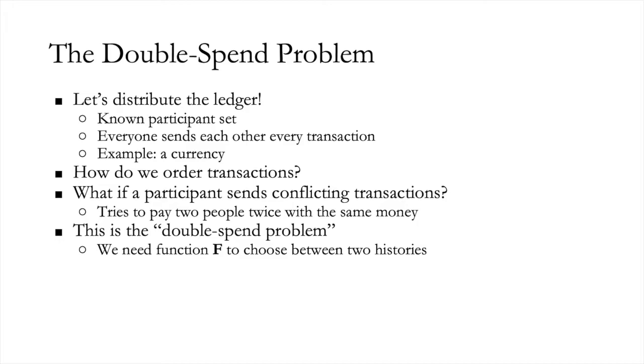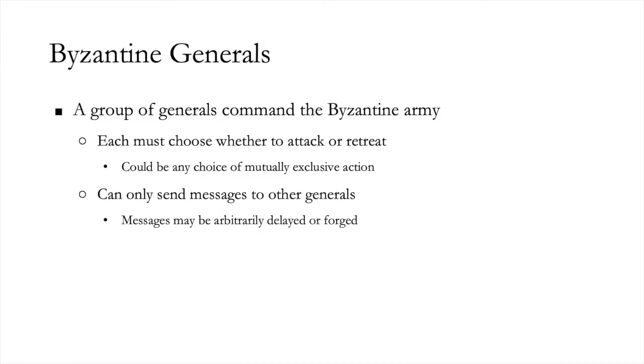This relates back to a problem that is relatively old in the academic literature, at least old relative to computing, the Byzantine Generals Problem. In the Byzantine Generals Problem, a group of generals command the Byzantine army. The Byzantine army is a medieval army encircling a city and intending to either attack it or retreat. Each of these generals has to choose independently whether to attack or retreat with their subset of the army's forces.